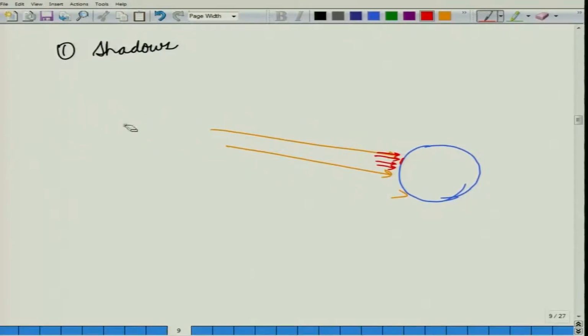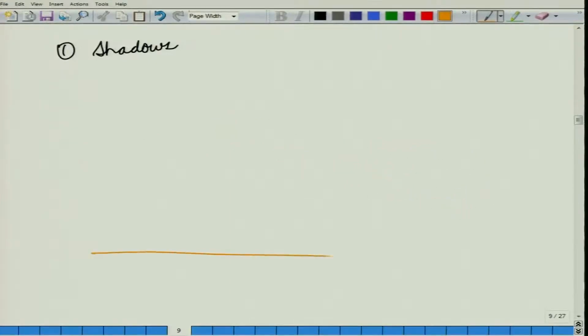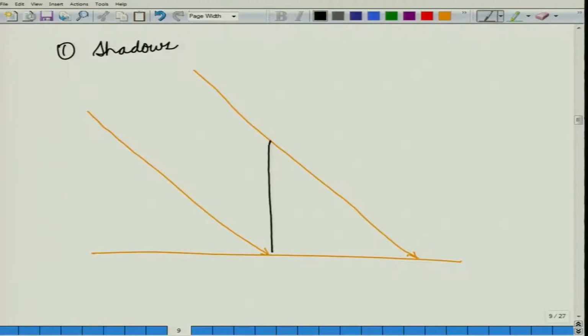So, now that we know that the rays of light are parallel, suppose we have this ground, and let us draw two parallel rays. Now consider two objects. One object is a tree, and the second object is say a small stick.